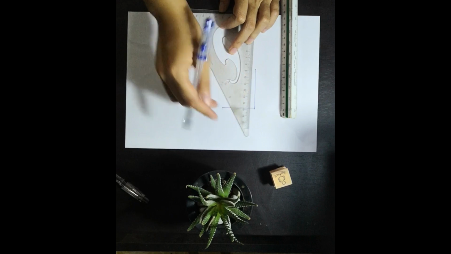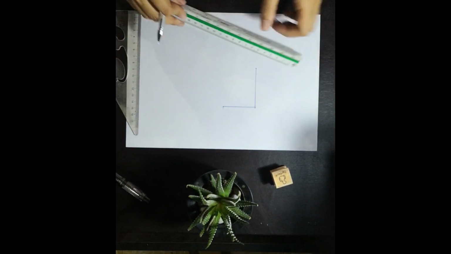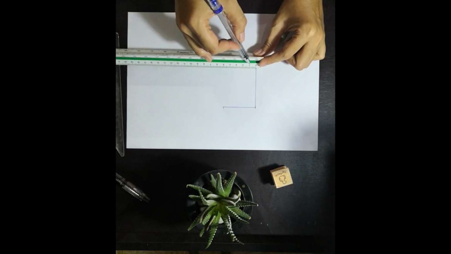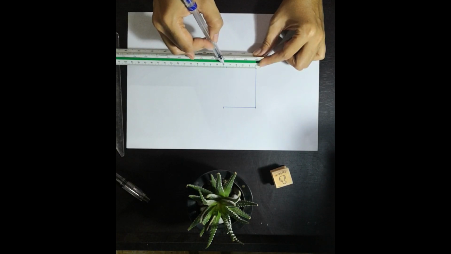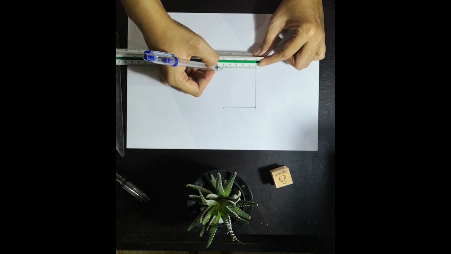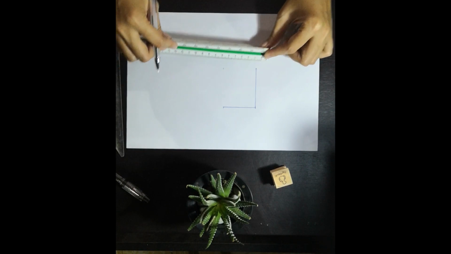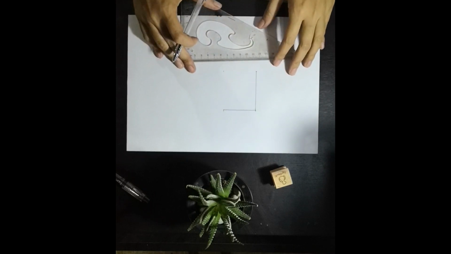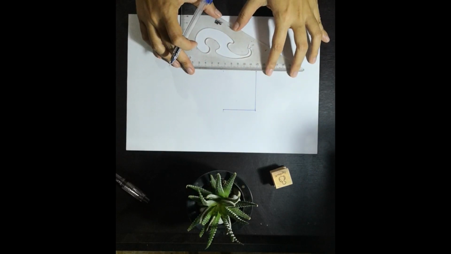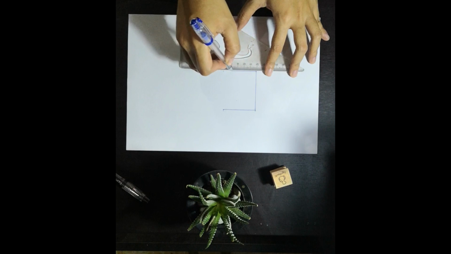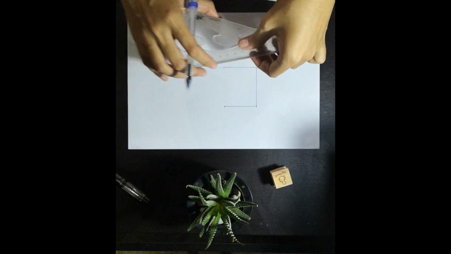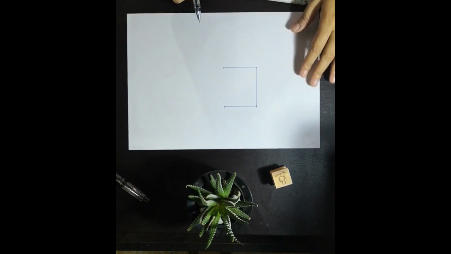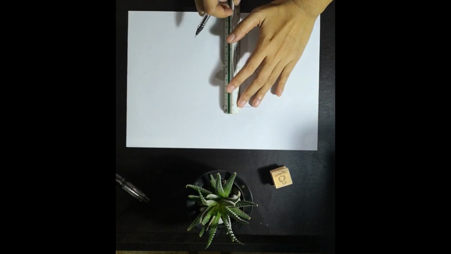So in order to have the other line, we will still again use the 5 meters since our short leg is 5 meters. So connect the line. So that is our 5 meters.